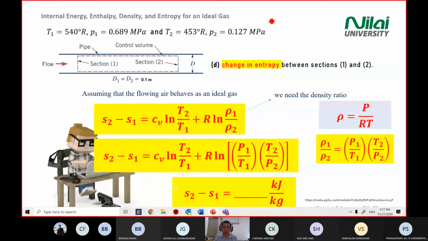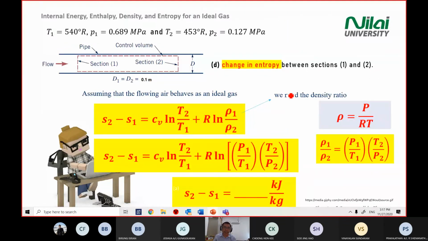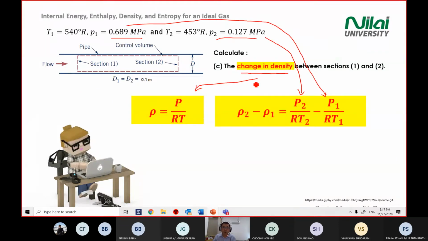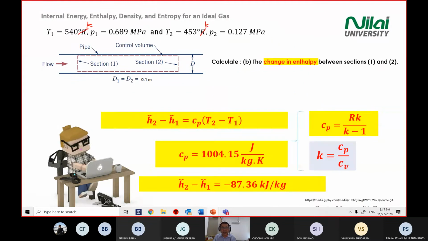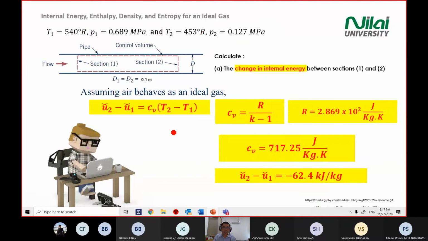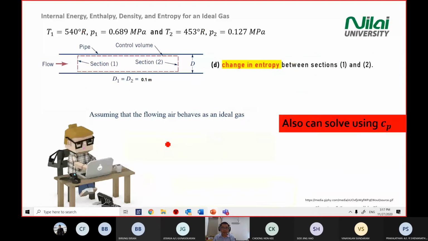Later on, we're going to see more complex cases with convergent and divergent pipes. At this moment, we look at the very simple, straightforward case first. At least you get some idea how we apply the equation for entropy, enthalpy, how we change the rho using the equation of state, and the equation of energy, using the definitions that we have. If no questions, we move forward.